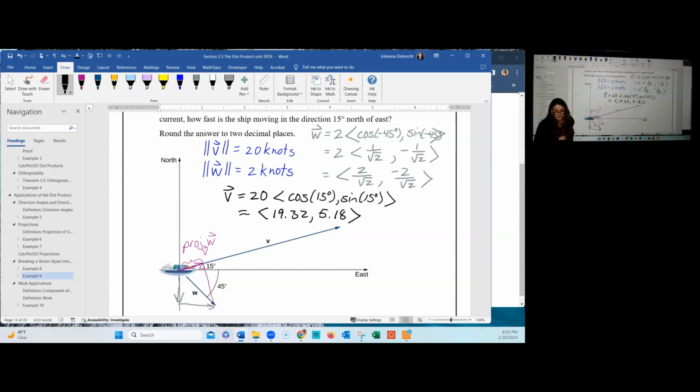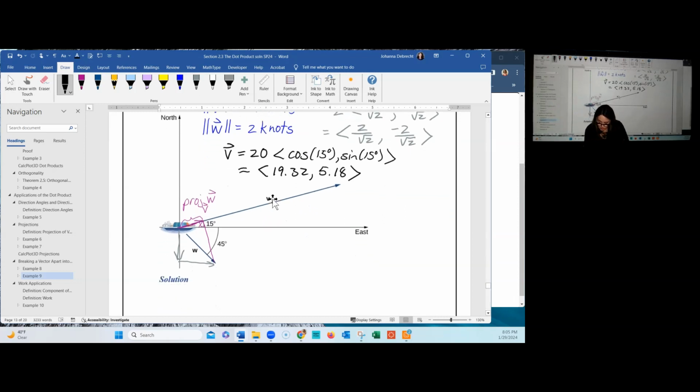Now, the next thing that we need to do is find the magnitude of the projection, which is the component of it, just the scalar part. So we need to find the projection of W onto V and find the magnitude of it. So there are different ways of computing that, but one of the formulas that we can use is here. So let's go ahead and use this.